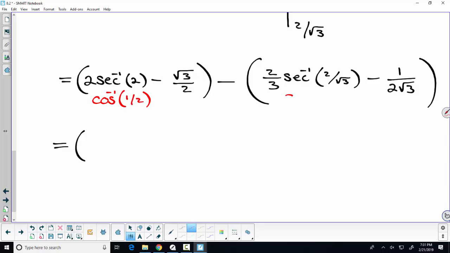This is the inverse cosine of root 3 over 2. Do you have an inverse cosine button? Okay. If you don't, hopefully you know that. Those are very common values. The cosine of what gives us 1/2? Yeah, so the inverse secant of 2 is pi over 3.